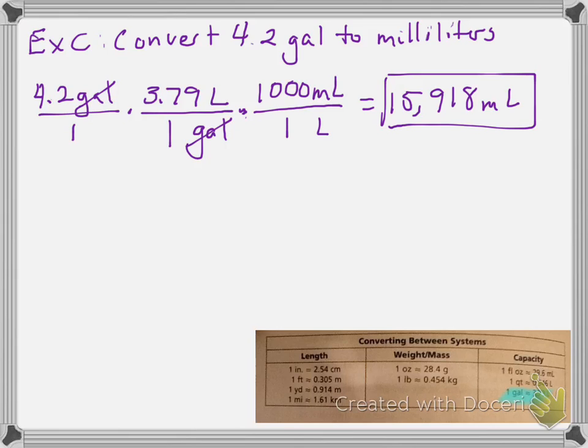Okay, so in your classwork today, the first chunk, 1 through 18, are pretty standard, just conversions that you're going to have to do, like I've done in the work right here.